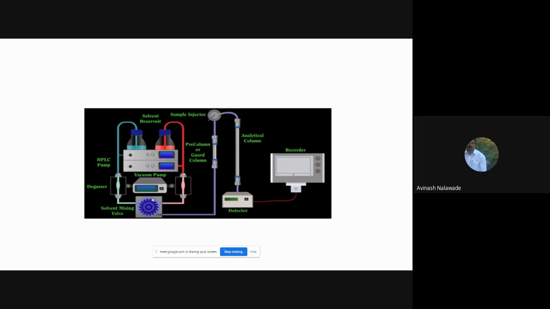So here particularly if we see, in this case the solvent mixing chamber valve is there. Then we are having the solvent reservoirs, then the pumps, the HPLC pump, then the degasser for actually cleaning the solvent.